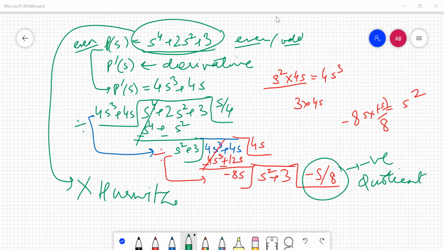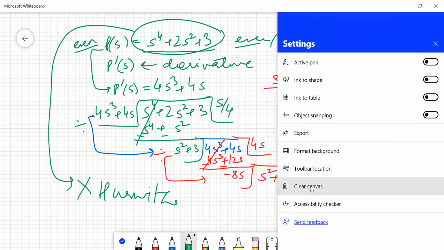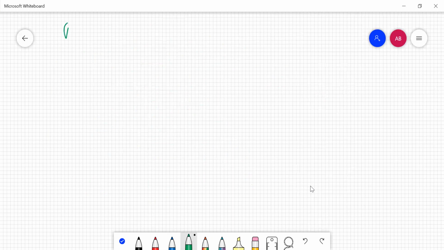Sometimes the CFE becomes a lot more complex and very lengthy. For such cases, there is another criterion using which you can calculate whether your given polynomial is Hurwitz or not.